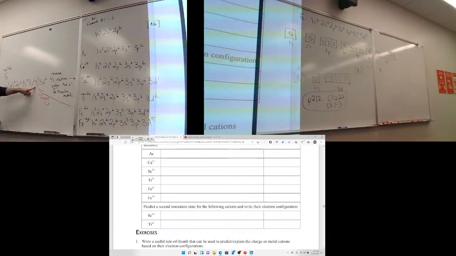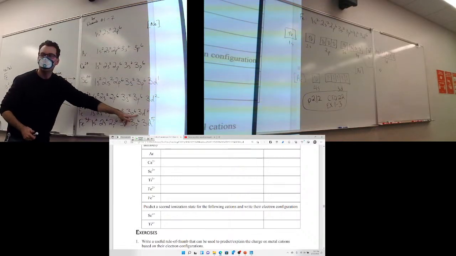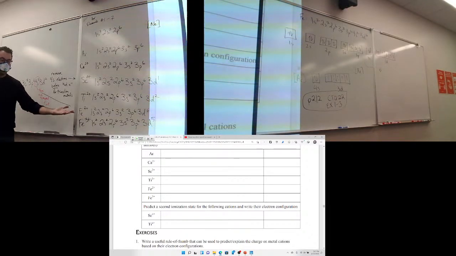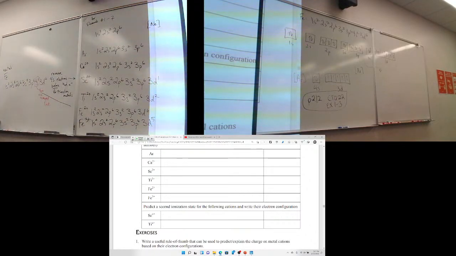So we go from neutral iron here, where it has the 2 electrons in the 4s. When we make Fe2+, those electrons are gone now. And then when we go to Fe3+, we don't have any more s electrons. So where do the electrons come from? The d subshell. So here is the first clue as to where you get these multiple charges from.